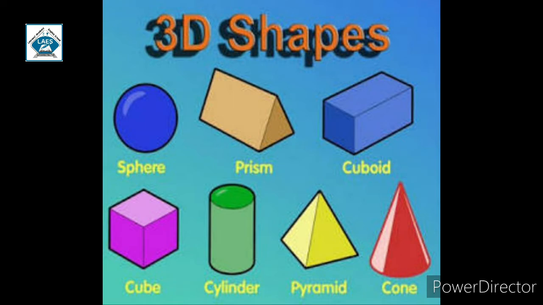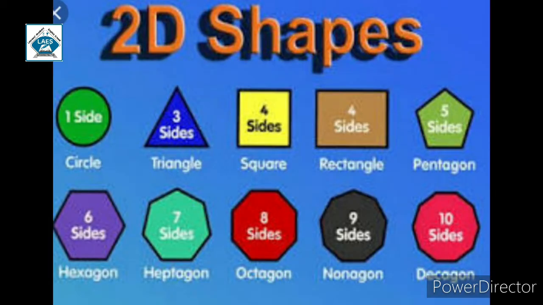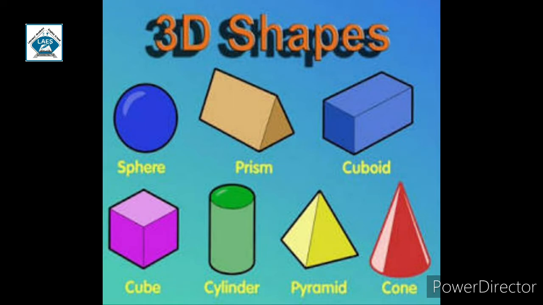We all know that 2D shapes are shapes which have two dimensions, length and breadth, and 3D shapes have three dimensions: length, breadth, and height. So in this way we can classify the shapes.